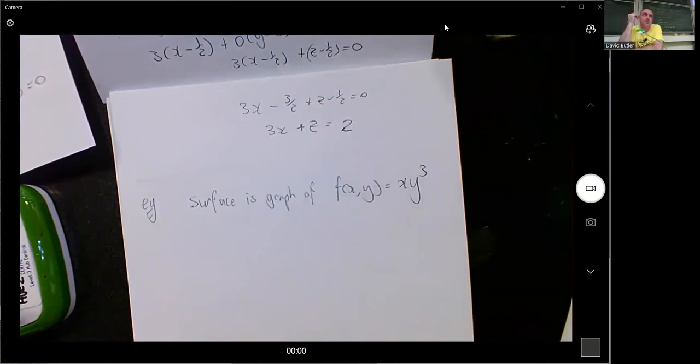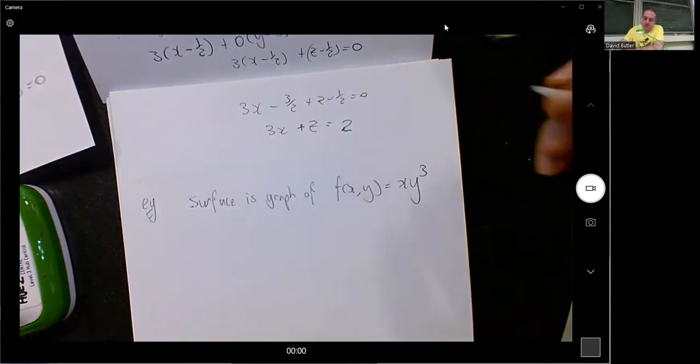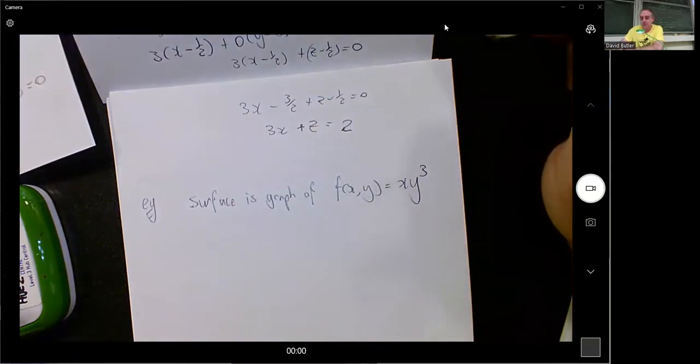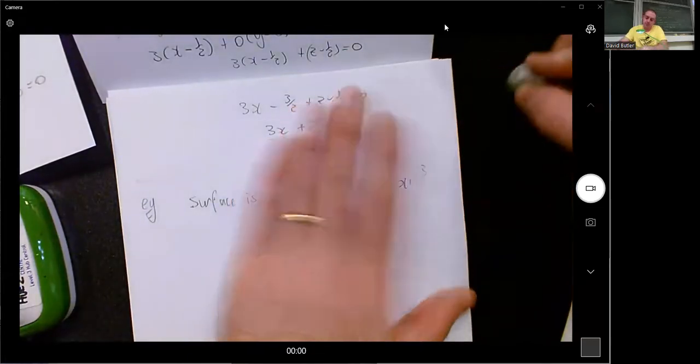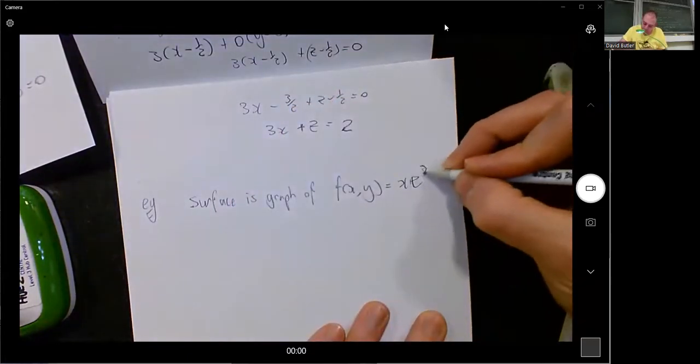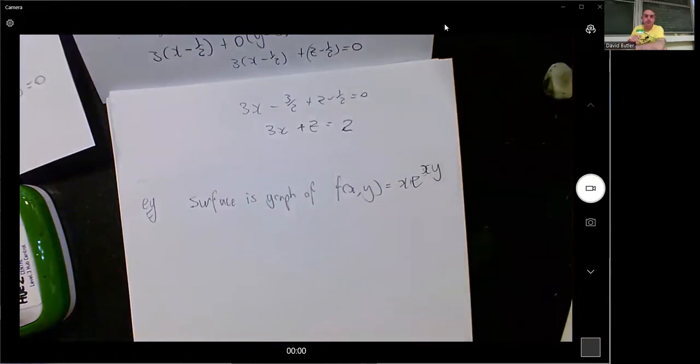Just making up something. Do I really want that one? Nope, I changed my mind. x times e to the power of xy. Yeah, let's do it.